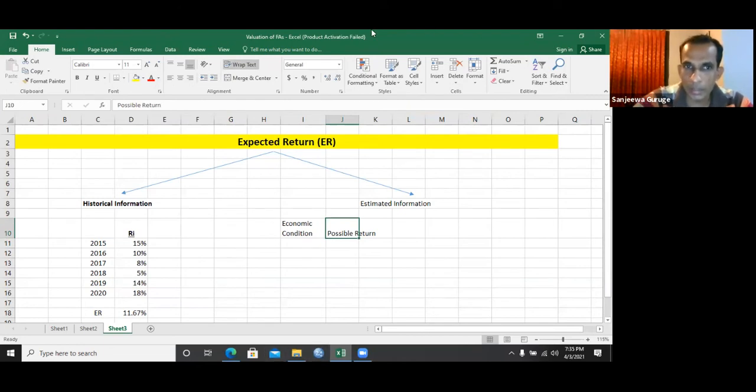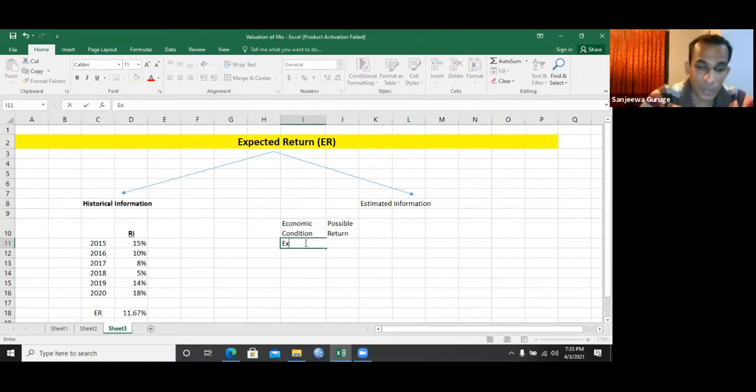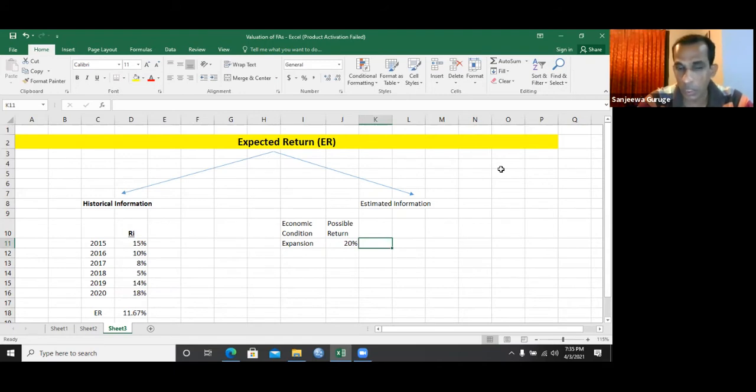And then, for example, if there is economic expansion, what is the possible return? So we have estimated that it's possible to get 50% return.